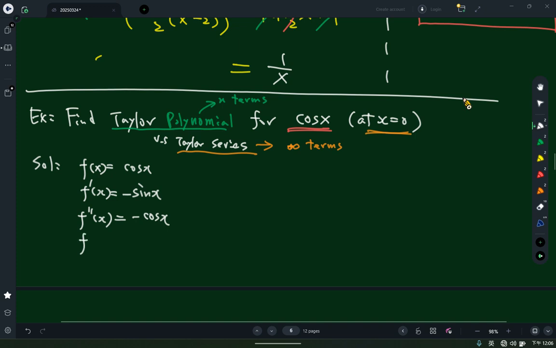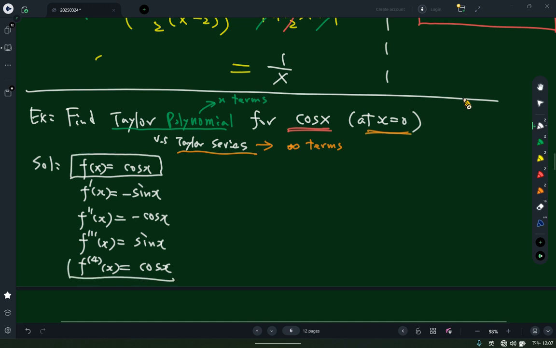Then f triple prime of x is sine x. Then you can see it will loop, right? It will come back to cosine x. You can see here and here, it will start the loop, right?